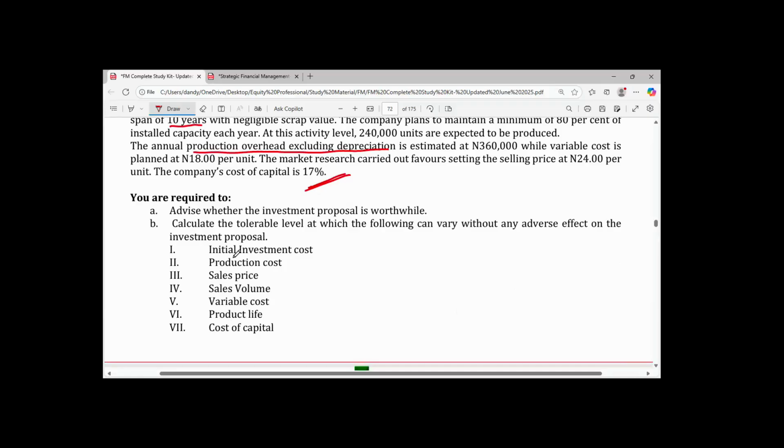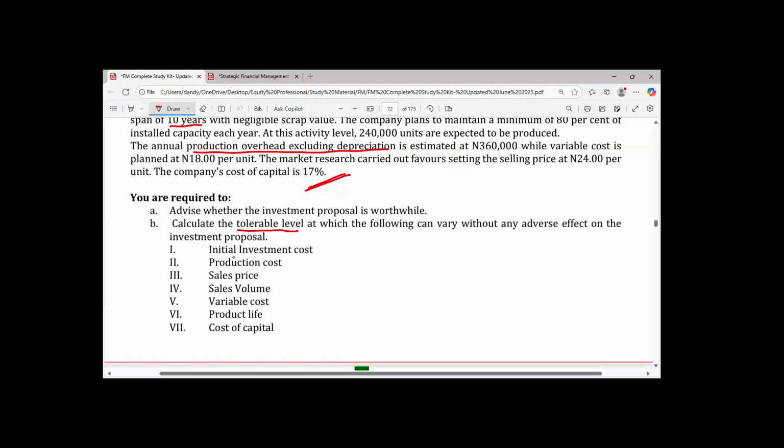B, calculate the tolerable level at which the following can vary without any adverse effect on the investment proposal. 1. Initial investment cost. 2. Production cost. 3. Sales price. 4. Sales volume. 5.